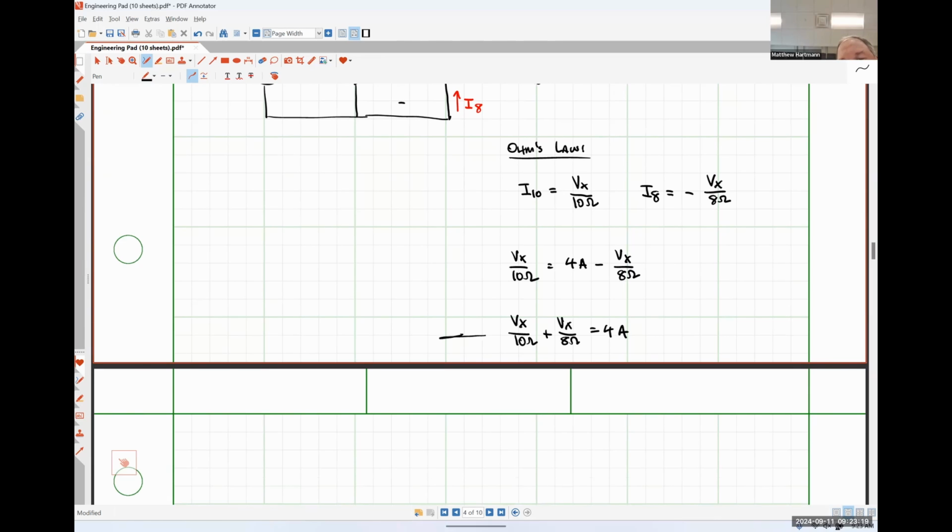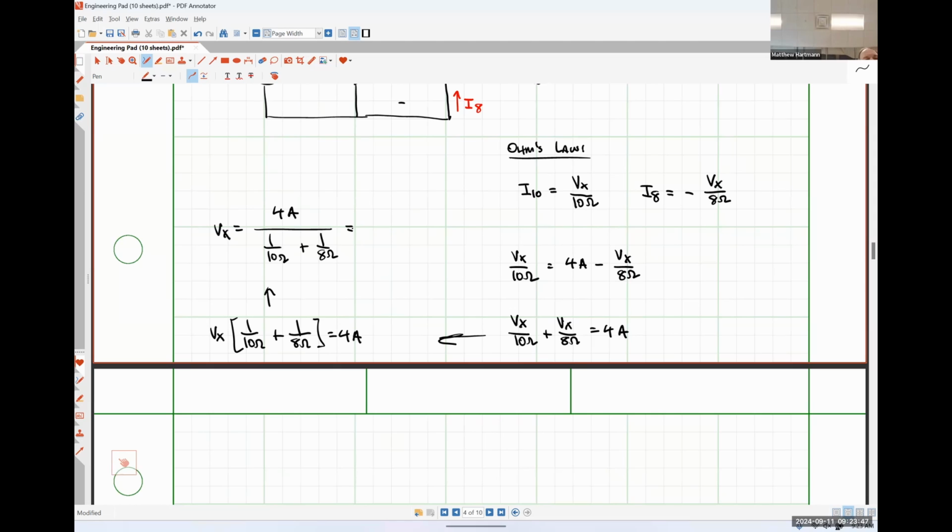I'm going to come over this way. That looks like Vx times a factor of 1 over 10 ohms plus 1 over 8 ohms is equal to 4 amps, or Vx is equal to 4 amps divided by 1 over 10 ohms plus 1 over 8 ohms.